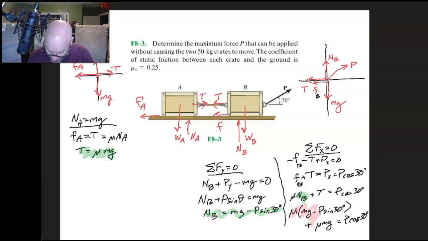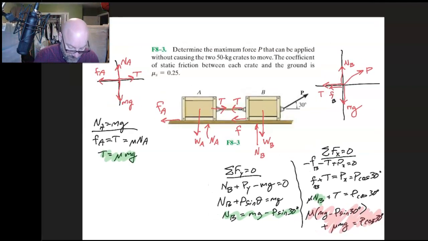So now we've got one equation with a single unknown P. And that will be the limit because we did things like setting F equal to the friction. That means we're operating at a maximum.